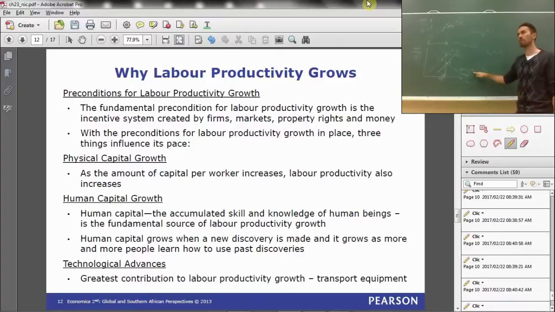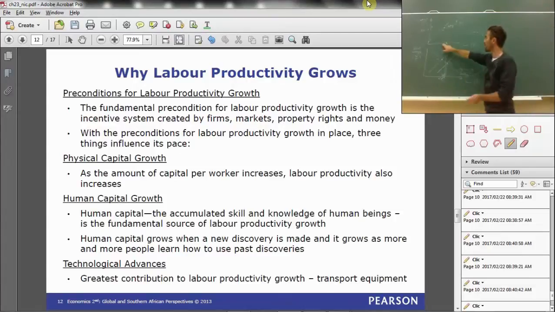Labor productivity is a change in labor demand. Okay? So if we have capital growth, capital grows from K0 to K1, what do we end up with? Our full employment level of output, you can see, has gone from A to point C. In other words, our laborers are more productive and we employ more people.